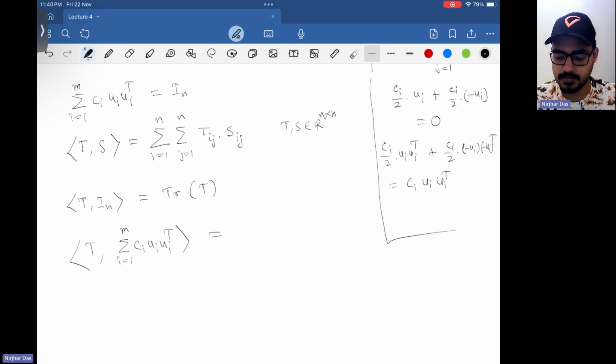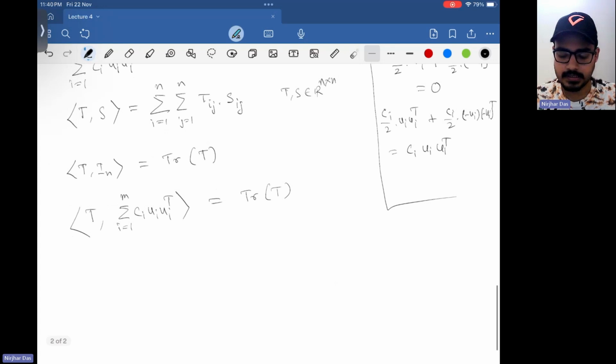This we know from equality that this is trace of T, which is fine. And what happens to this quantity? Again by a clever manipulation, just by linearity, we can show that this is equal to the sum of Ci times the inner product of T of ui and ui transpose.